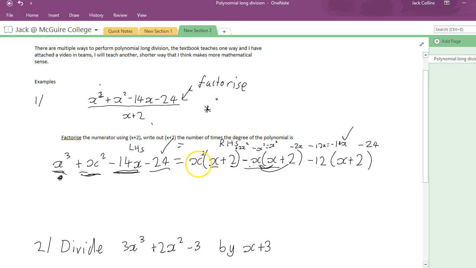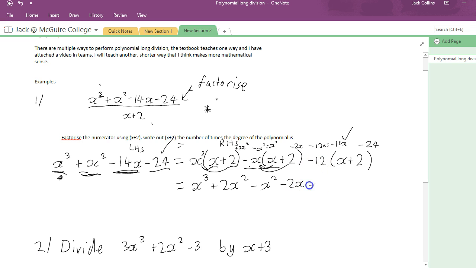If we expand this all out and collect like terms, we're going to end up with x cubed plus x squared minus 14x minus 24. I'll actually show you how that would work. You'd have the x cubed plus 2x squared, expanding this bracket out, and then we countered that by taking away the next bracket with minus x squared minus 2x.